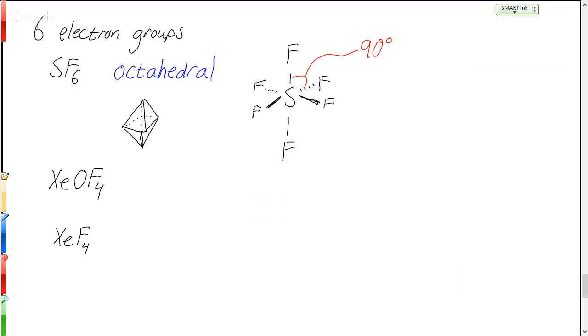So you can draw them in that octahedral shape, what it would look like if you replace a position with a lone pair. And then we'll talk about the names for those.